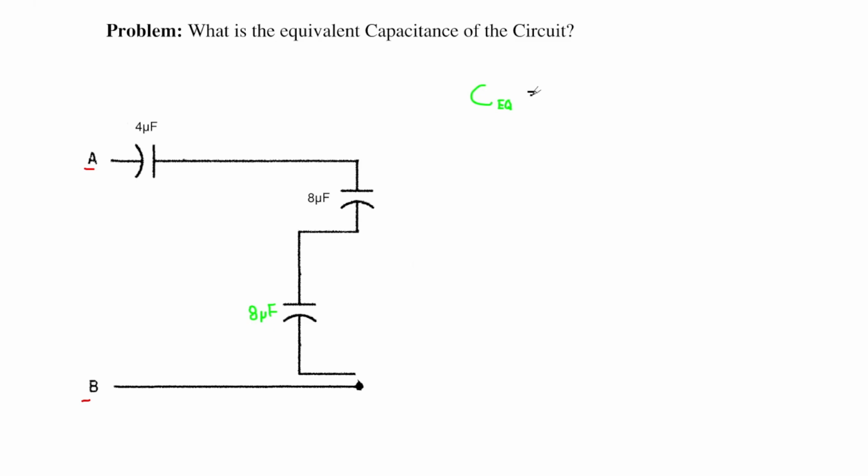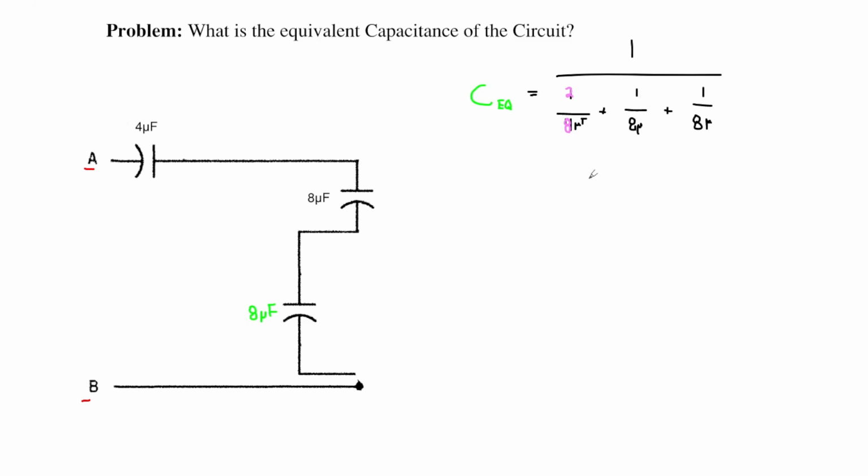is equal to the reciprocal of 1 over 4 micro plus 1 over 8 micro plus 1 over 8 micro as well. Solving and simplifying, let's get this to a common denominator. Therefore, I can write this as 2 over 8 micro.